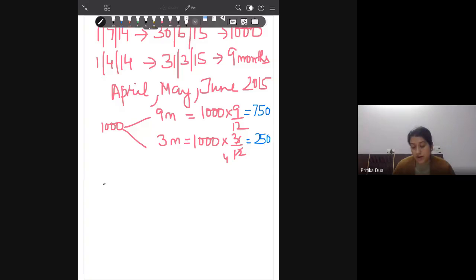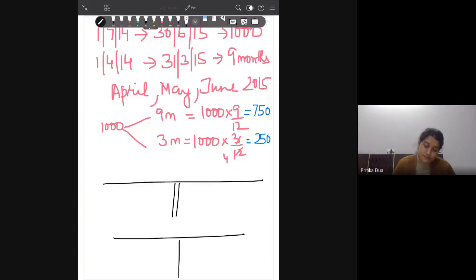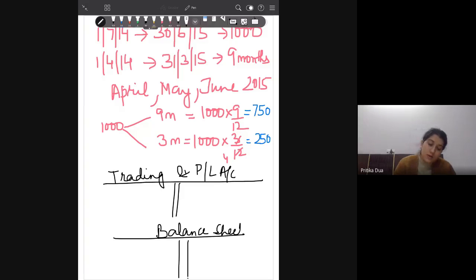Okay, so I'll again draw two formats here. Okay, and under this, I am showing you the treatment in the P&L account because insurance per se is an indirect expense not related directly to the production process.